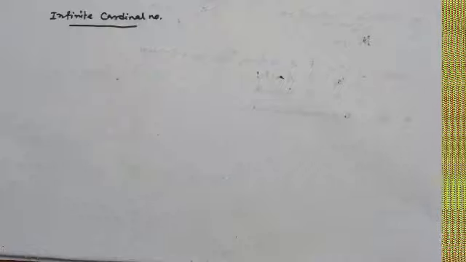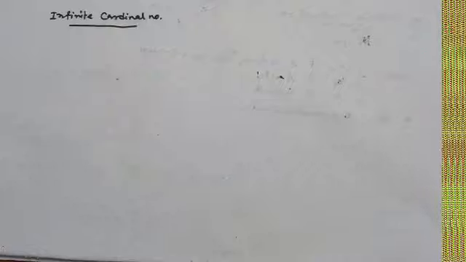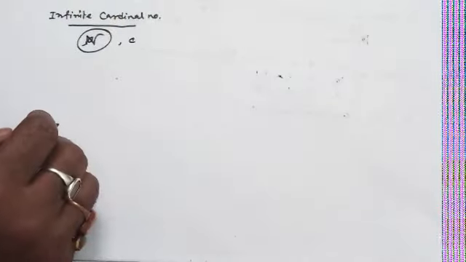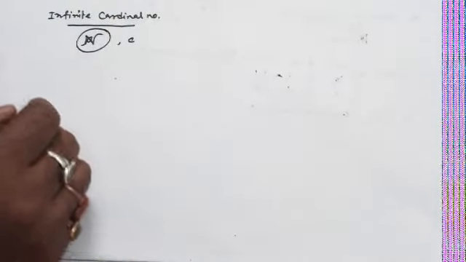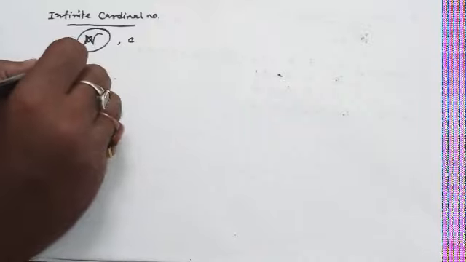Okay, that idea is there, but here we have introduced some notations, like aleph naught, a Hebrew letter, aleph naught, and small c. These are there to represent infinite cardinal numbers.